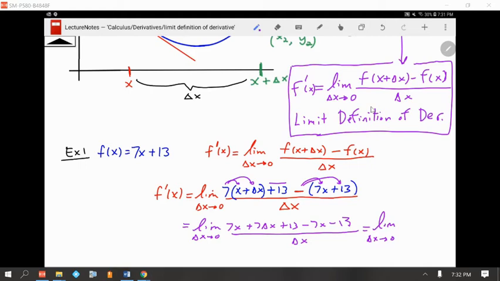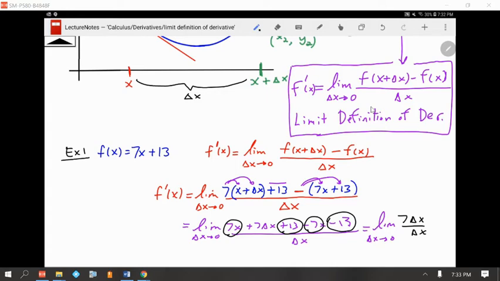So the 7x has a partner, minus 7x, and they cancel out. Then there's a positive 13, which doesn't have a delta x. Minus 13 cancels it out. Those big zeros disappear, and what's left is 7 delta x divided by delta x. This is why the delta x's hang out while all the non-delta x's go away.